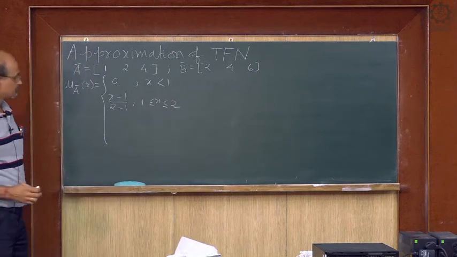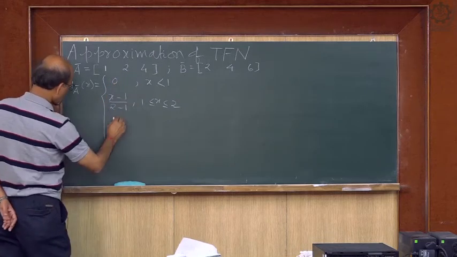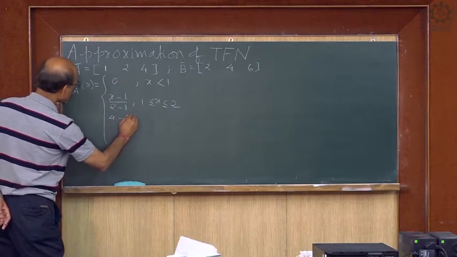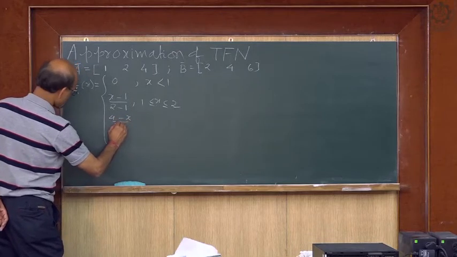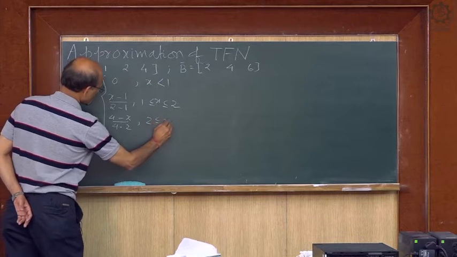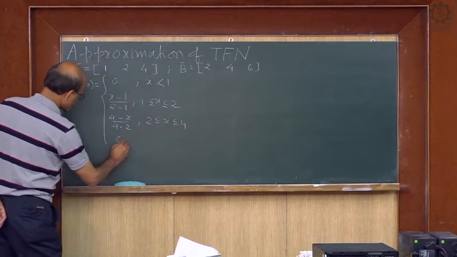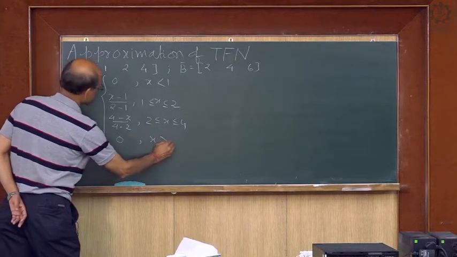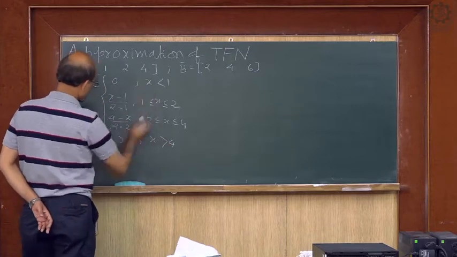Next, from 2 to 4 it is 4 minus x by 4 minus 2, and 0 when x is greater than 4.